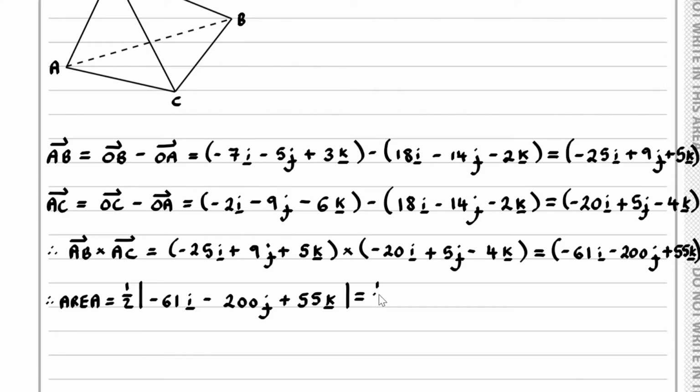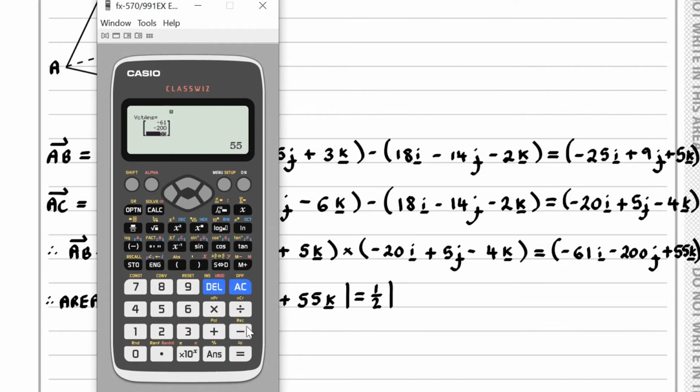So we've got 1/2 multiplied by, well, if I work out what the modulus of that is, we have the absolute value of this vector.